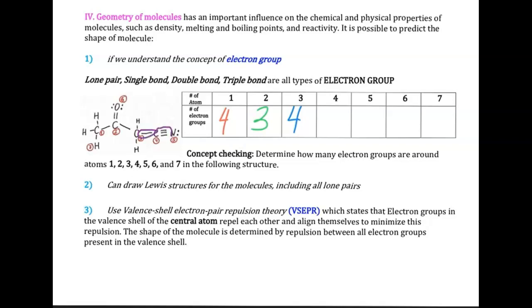Now for atom 5, which is nitrogen in this case, is where I need you to pay attention. We have 1, but then we have this lone pair that is also a group of electrons. So we also have 2 groups for nitrogen. For oxygen on the top, that's atom number 6, we have 1, 2, and 3.